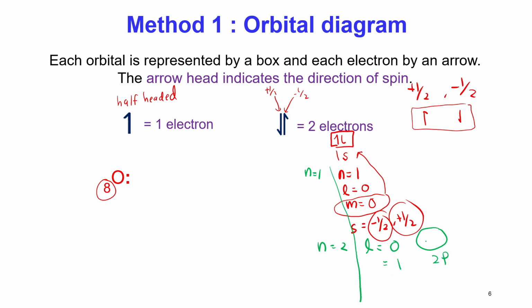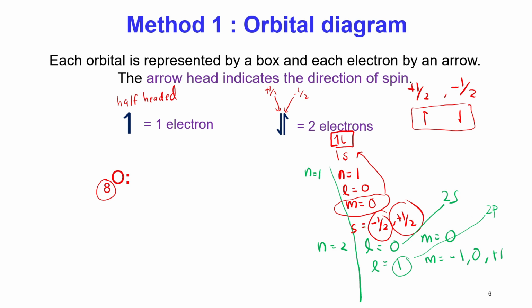When l equals 0, m is 0, so this one is 2s. l equals 1, we have negative 1, 0 and positive 1, so this one we call 2p.